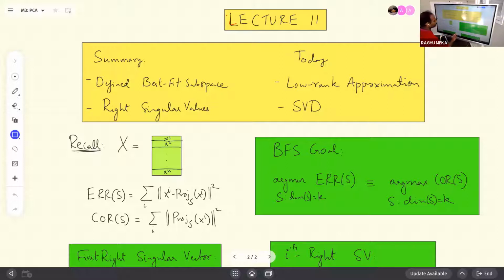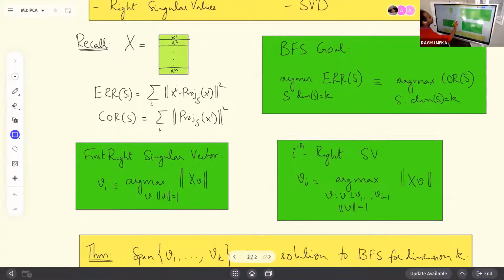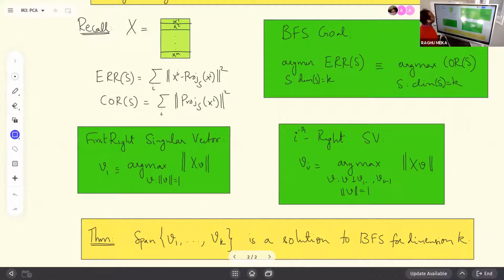Okay, so just to recall what we were doing from last time, we defined the problem as follows. We're given some data set X. We write it as a matrix where the rows are the examples.